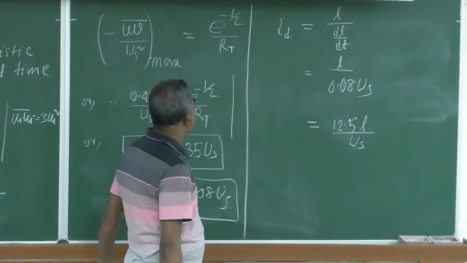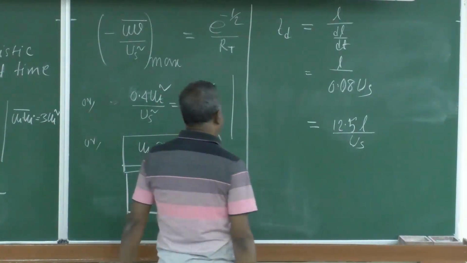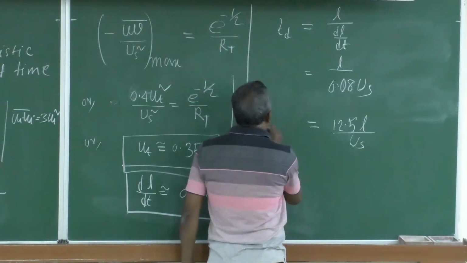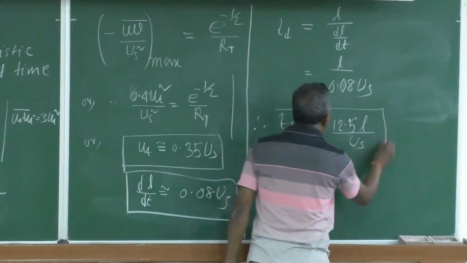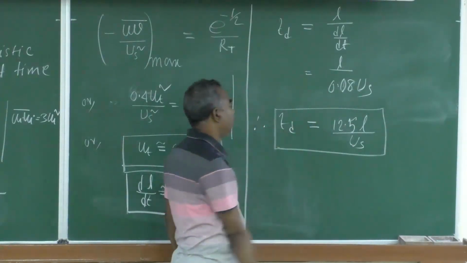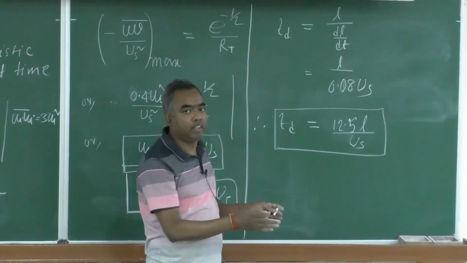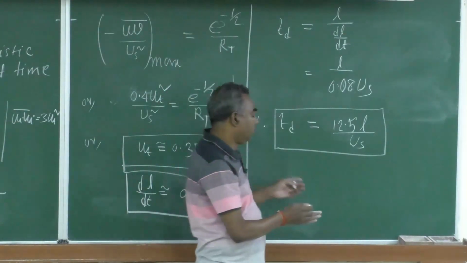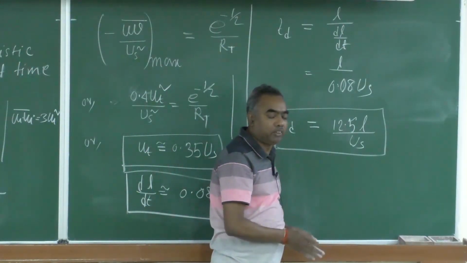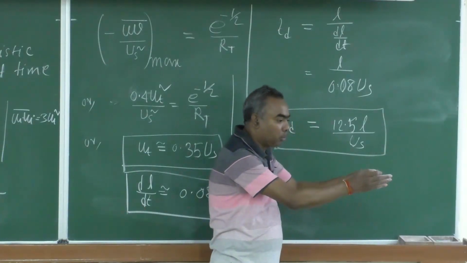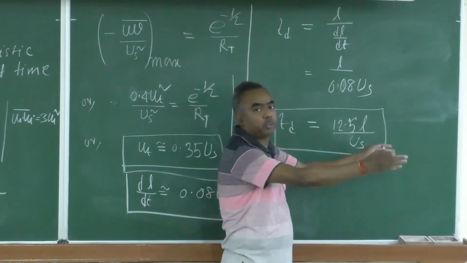Okay. So, now we have two time scales. One is the development time scale. Development means how the wake develops as we go downstream, means the wake is slowly coming towards the irrotational flow side.